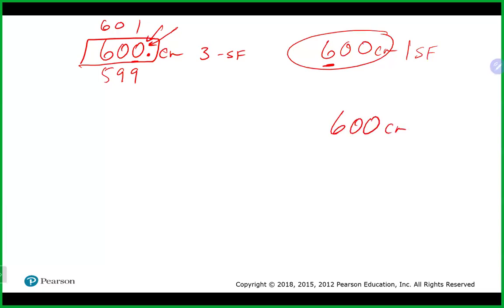But based on the scale that I have, it might be as much as 700, and it might be as little as 500, as that is where the uncertainty lies. That's a pretty big range, right? When we take measurements, we don't usually want that much uncertainty.